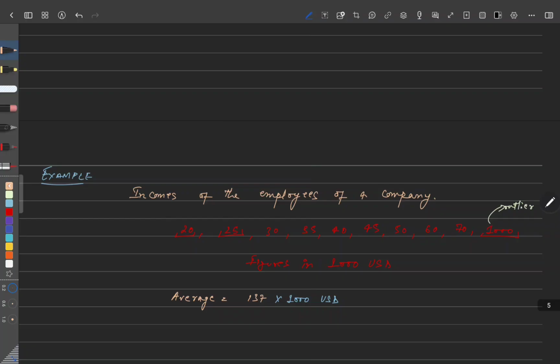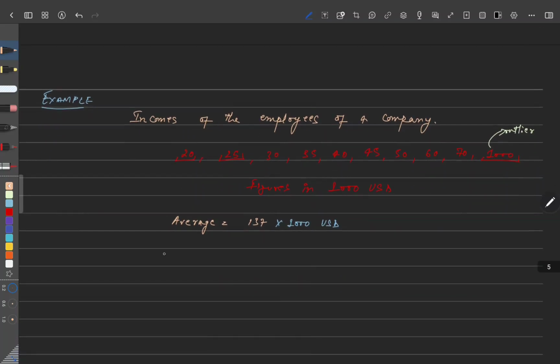Now let us find the median. Let us see how median can help us in this case. Median would be 40 plus 45. These are the two middle numbers, because this is the case of even numbers, 1 2 3 4 5 6 7 8 9 10. Divide by 2. So this is arithmetic mean of the two middle numbers, which is 85.